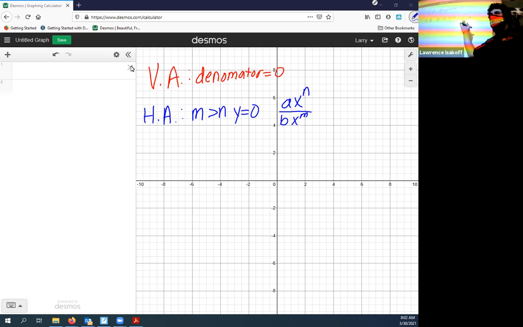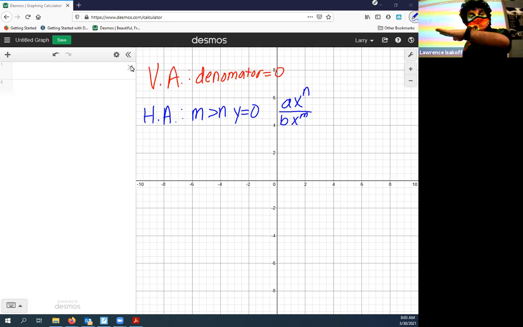And think about it. If I have something like 1 over x, x has a higher power than 1. If I put in a huge number like 10 million, 1 over 10 million is incredibly small, right? If I told you that you had a 1 in 10 million chance of winning something, it would be like, whatever, that's like nothing. That's why it goes to y equals 0.